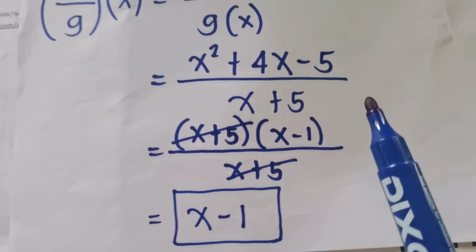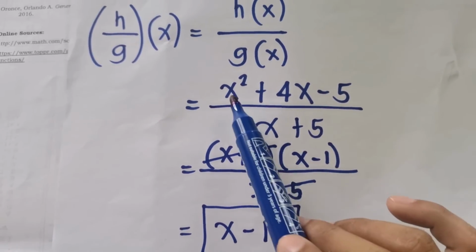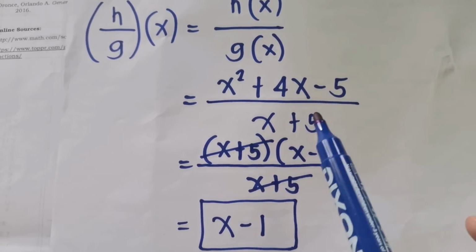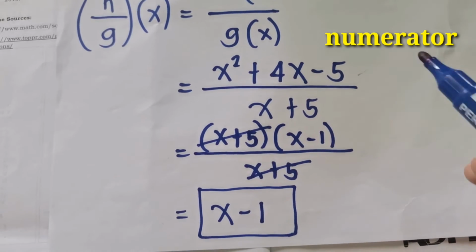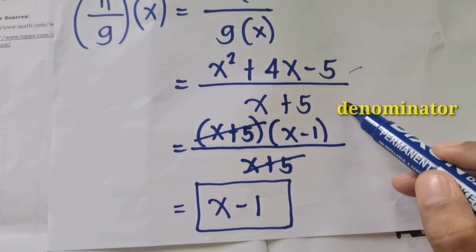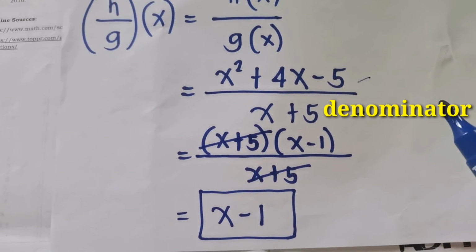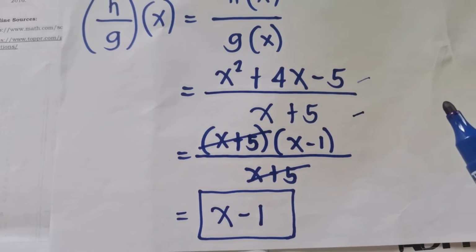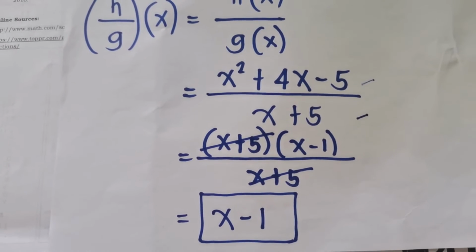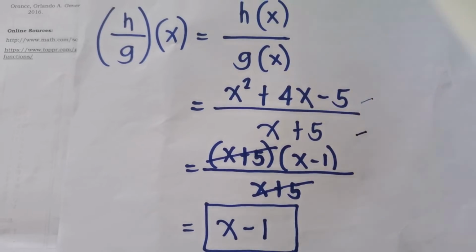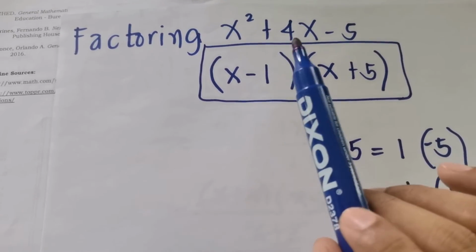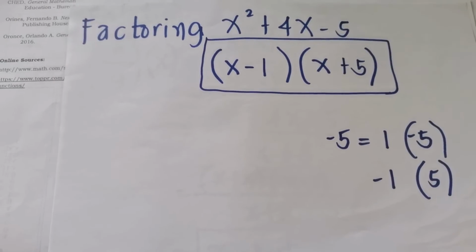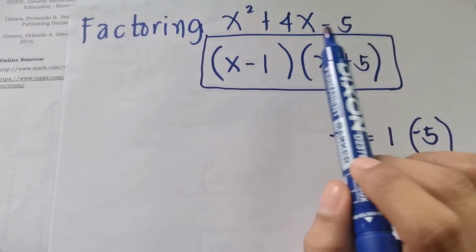So now we will factor the numerator. Again, the upper part of the fraction is called the numerator, and the lower part is called the denominator. We will factor the numerator. So how do we factor x squared plus 4x minus 5?